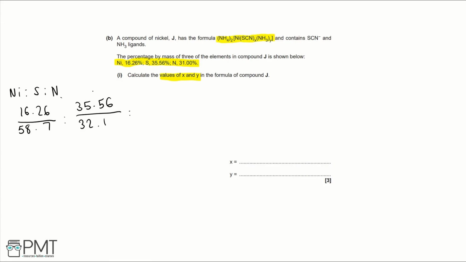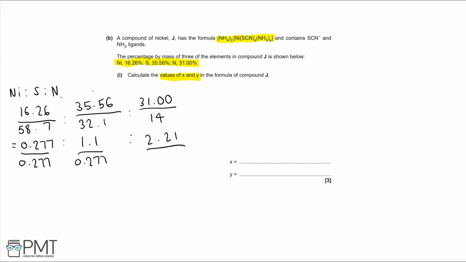And then for nitrogen, we have 31.00 divided by 14. So this equals 0.277 to 1.1 to 2.21. So then we divide by the smallest, so 0.277 divided by 0.277 and divided by 0.277.